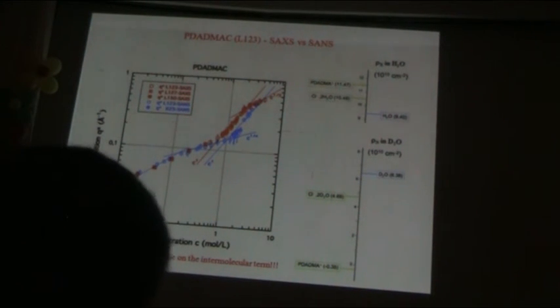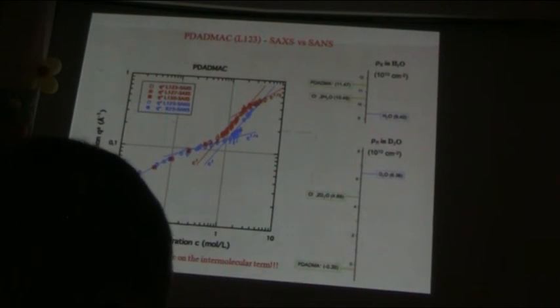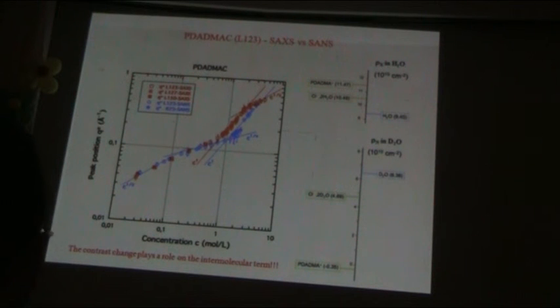Usually the effect is on the intramolecular term. But here it's an effect on the intermolecular term. And it's only related to the fact that the counterions are much more mobile along the polymers. And when you consider the counterions, of course, the excluded volume is reduced. So the position of the maximum is not at the same position as if you look at only the macroion wave. Okay?